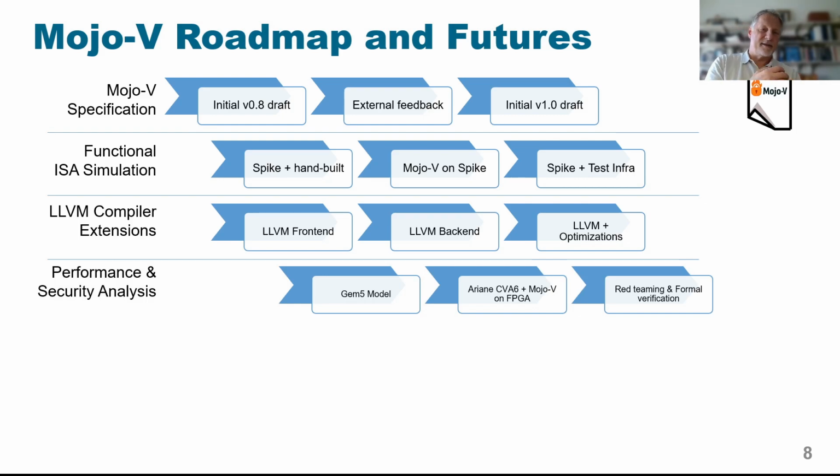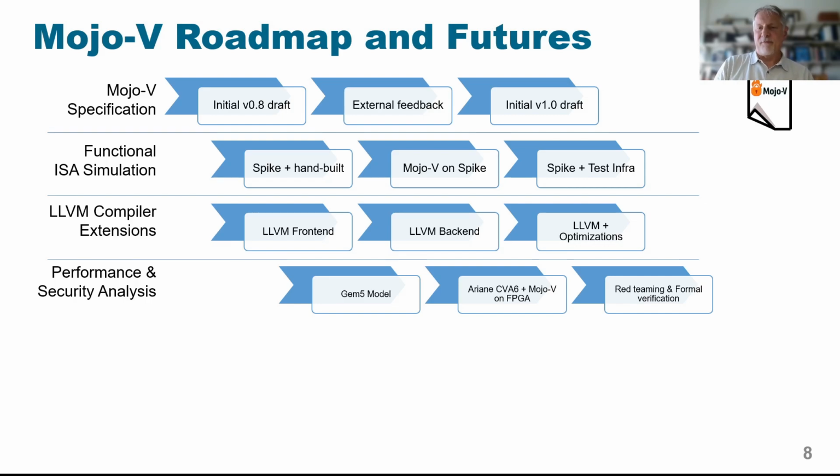Initially, for performance and security analysis, we're going to add this to a gem5 RISC-V simulator model so we can look at the performance implications of this technology. And then after that, we're going to enhance the PULP processor from ETH, the Ariane CVA6, to support Mojo-V on an FPGA, which we'll then deploy into the cloud.